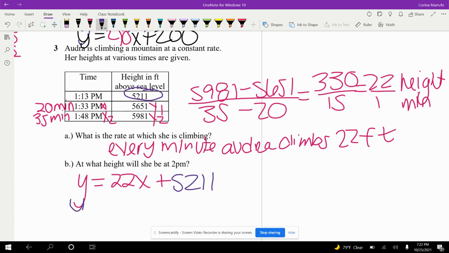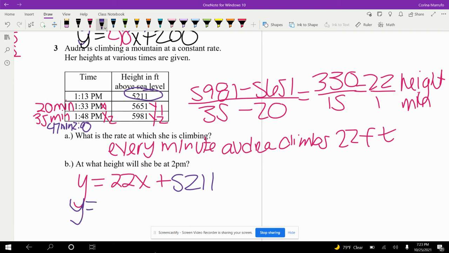They want to know where she will be at 2 p.m., which is how many minutes later. That's from 1:13 to 2 o'clock. Let's do 60 minutes, because remember there are 60 minutes in an hour, minus 13 is 47. That's 47 minutes later.